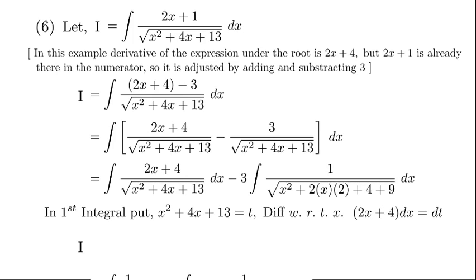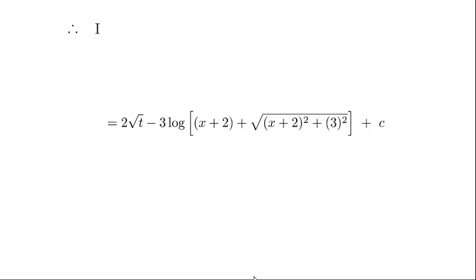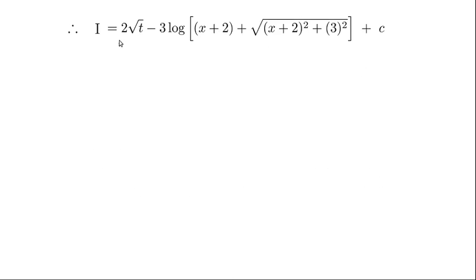So the problem changes to I equals integration of 1 upon root t dt minus 3 times integration of 1 upon root of x plus 2 whole square plus 3 square. So this is in the form of 1 upon root of x square plus a square. So that gives you 2 root t minus 3 times log of x plus 2 plus root of x plus 2 whole square plus 3 square.